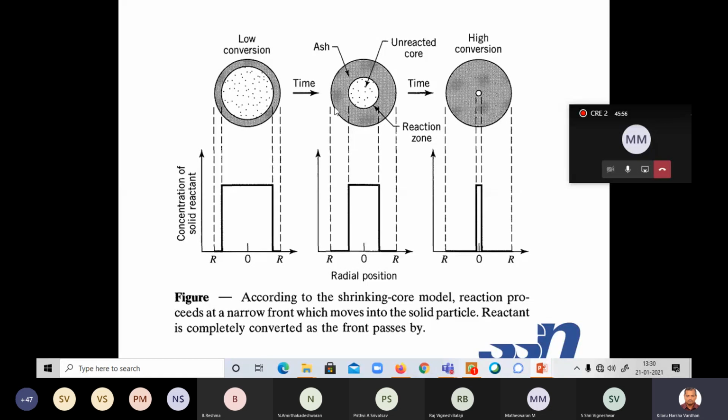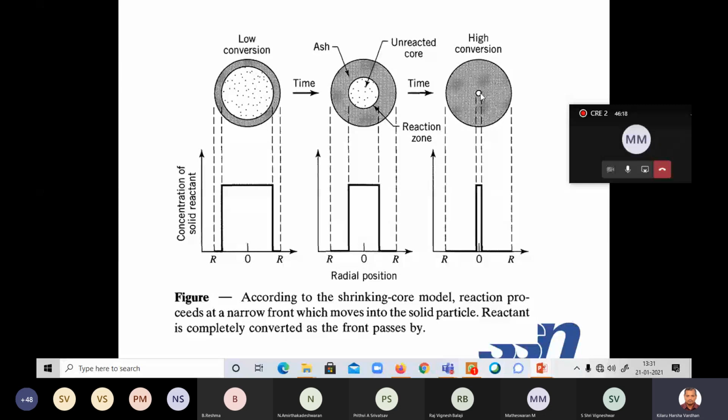So if the ash is loose, that is, the thickness of the ash is loose, then what will happen? The gas will penetrate through this and then firing will happen. So I assume that the ash layer is porous. With time, it goes like this.